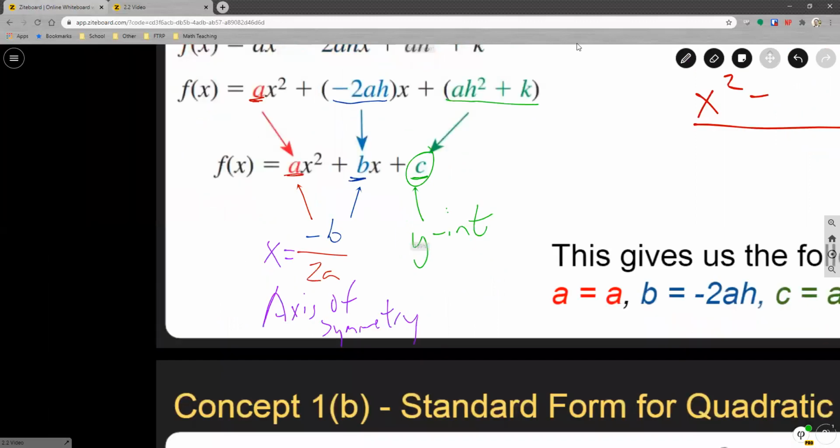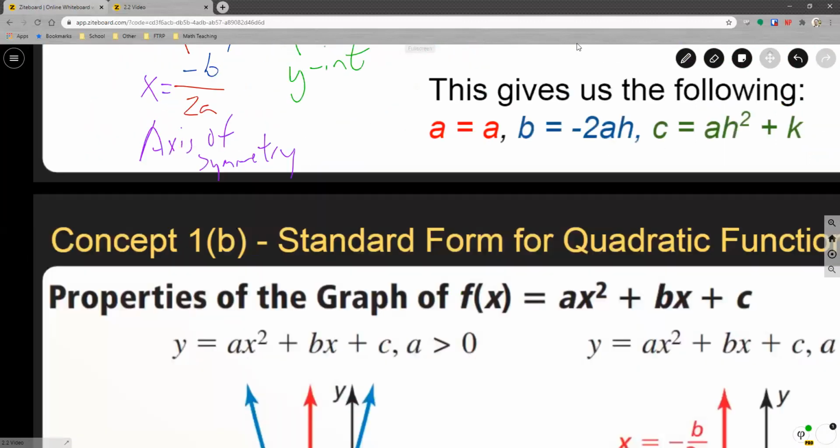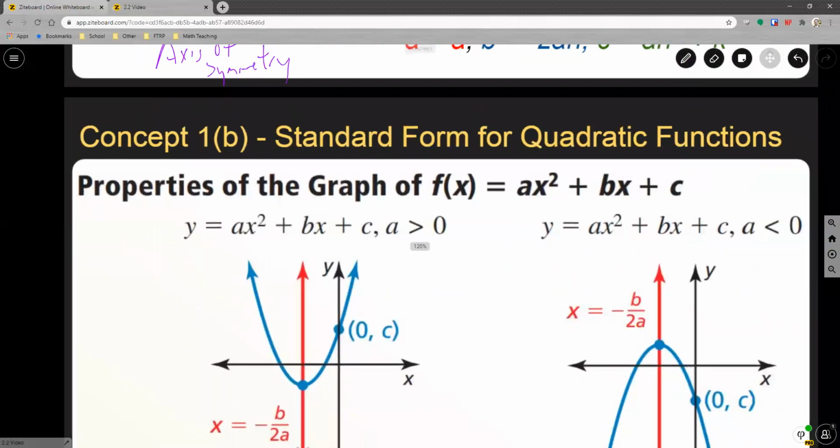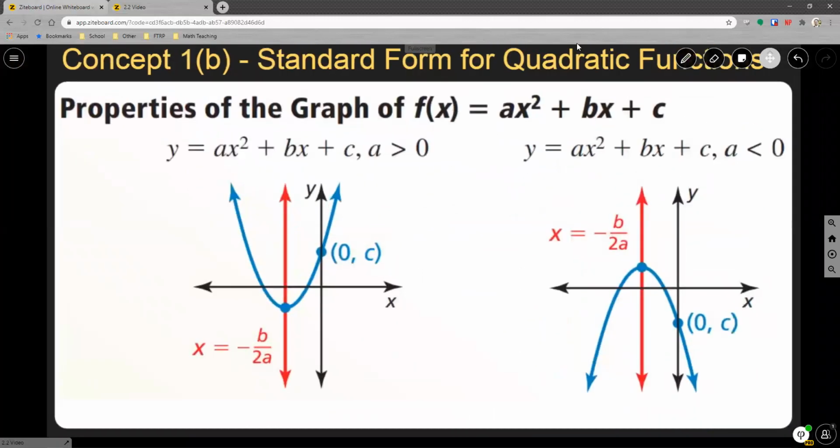So let's see how this works with a real equation. This is just additional stuff that's explaining what's going on. So again, my axis of symmetry, which I'm going to just refer to as the AOS, is this equation right here.